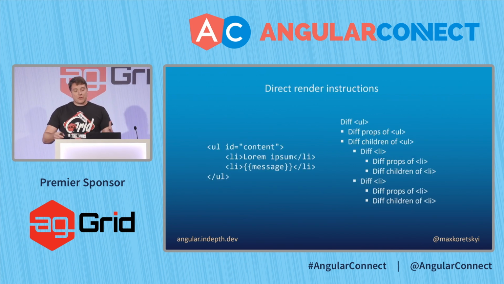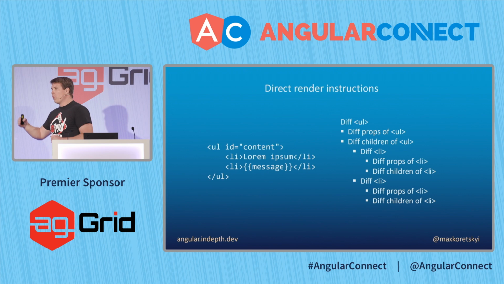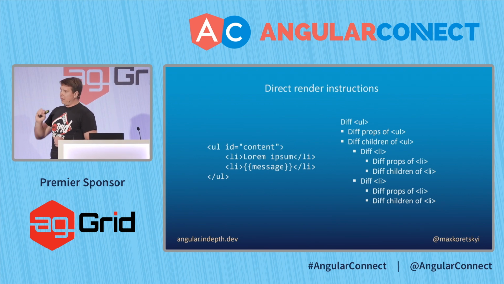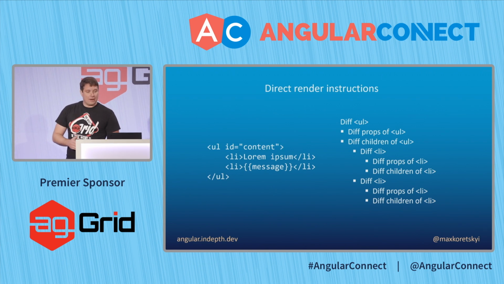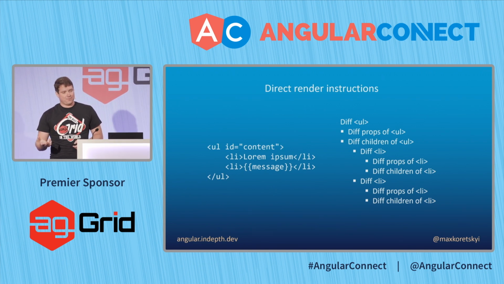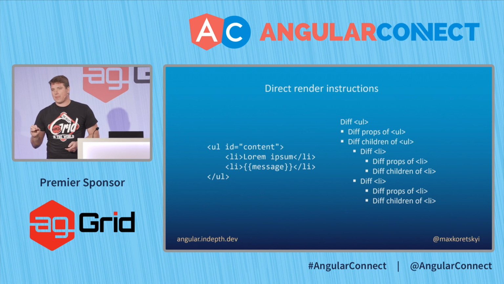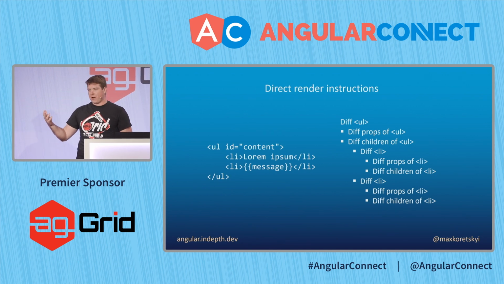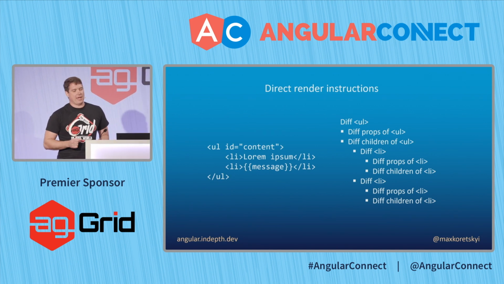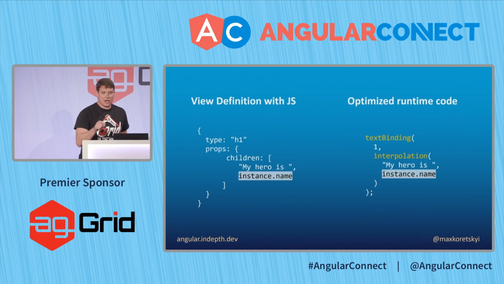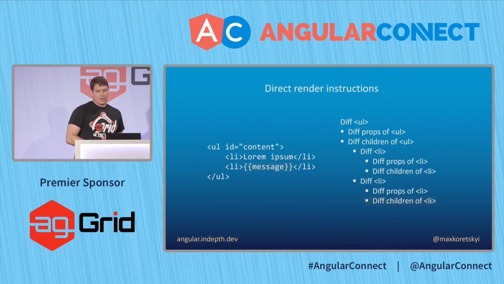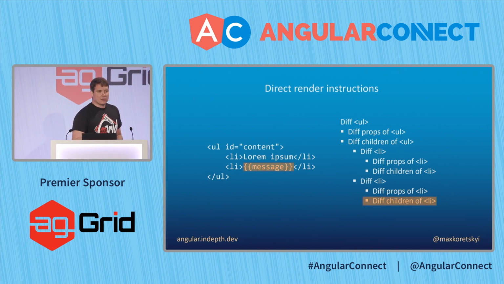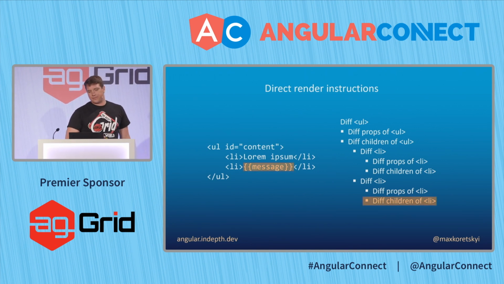For example, in React, you would need to go through every single element and check if it changed or not. But with direct render instructions, each instruction knows to which element it corresponds. And for example, in our case, the instructions produced by Angular compiler, text binding, interpolation, they can just check this particular node.